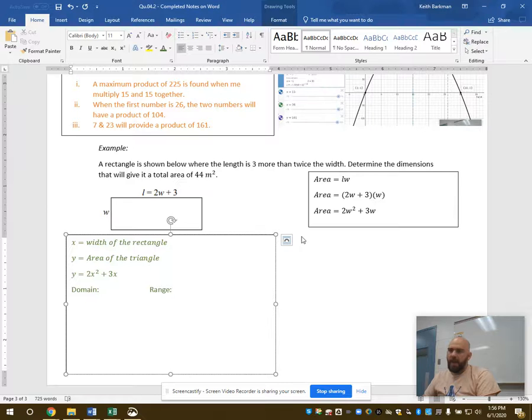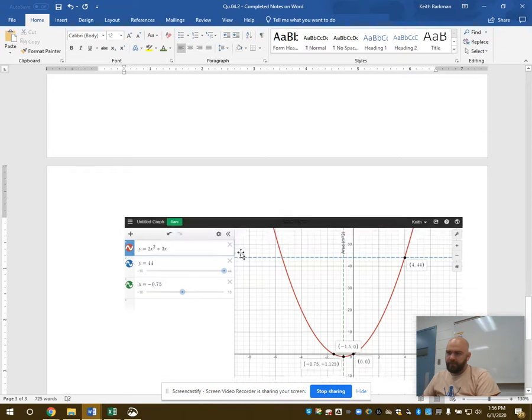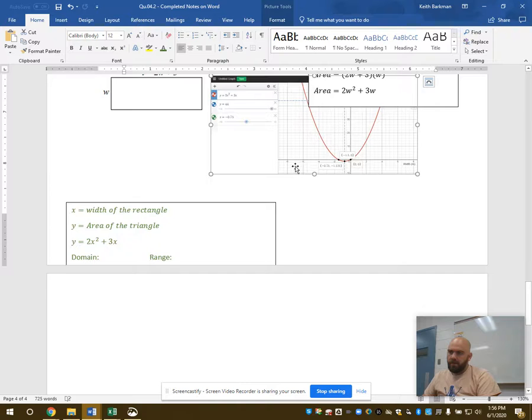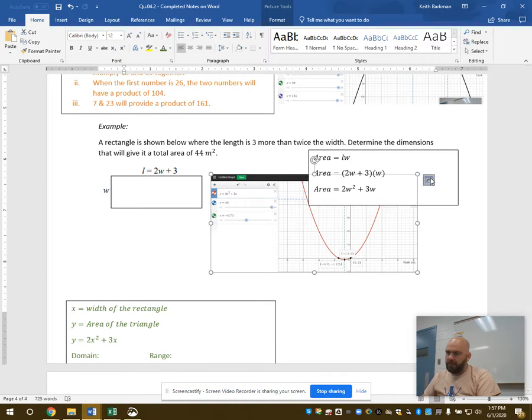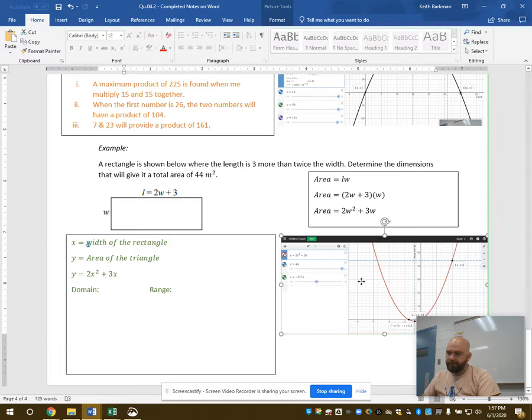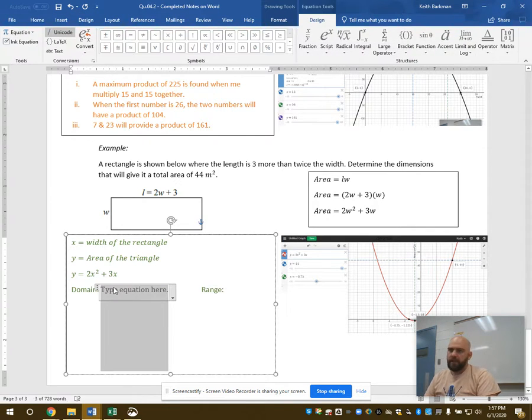Copy this and let's put it right here, make it a little smaller. All right, there's my graph. Domain of this: x has to be greater than 0.